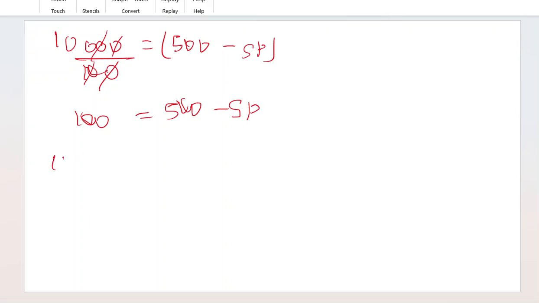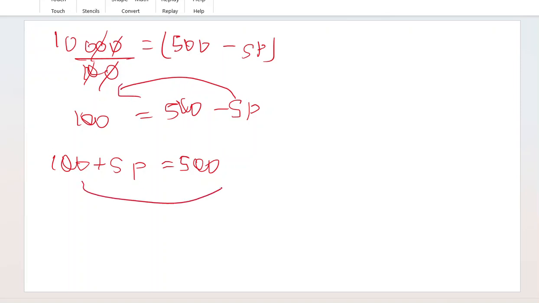I bring the SP this side. So 100 plus SP is equal to 500. When I bring the minus SP this side, I get it as plus SP. Now I take the 100 this side, I'll get SP is equal to 500 minus 100, which is equal to 400. So this solves the problem.